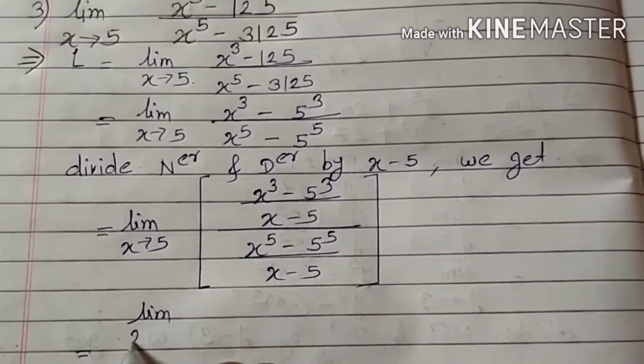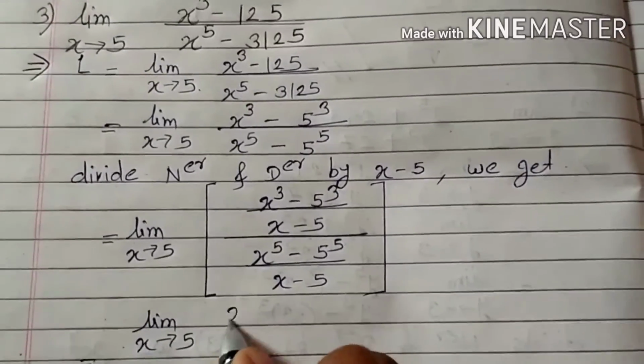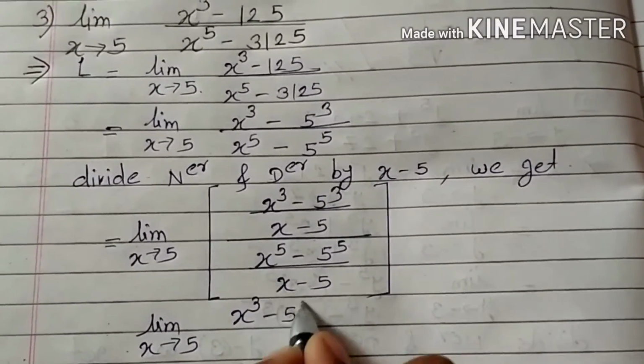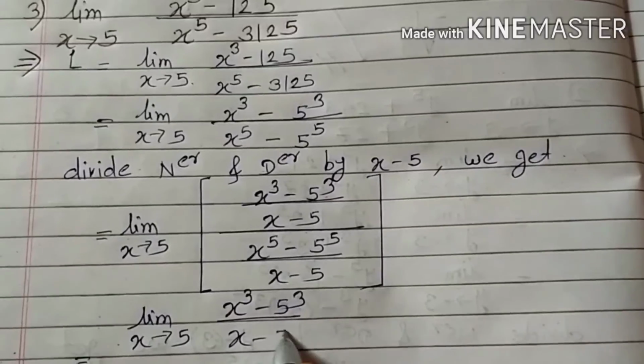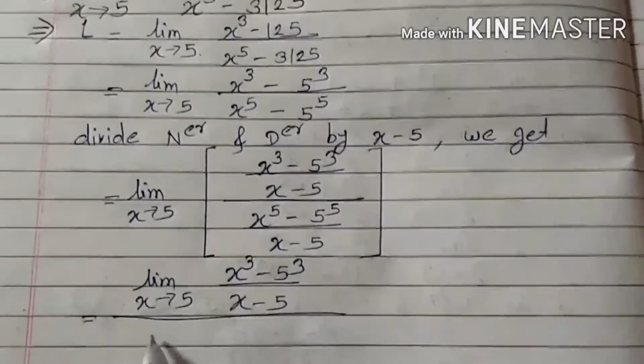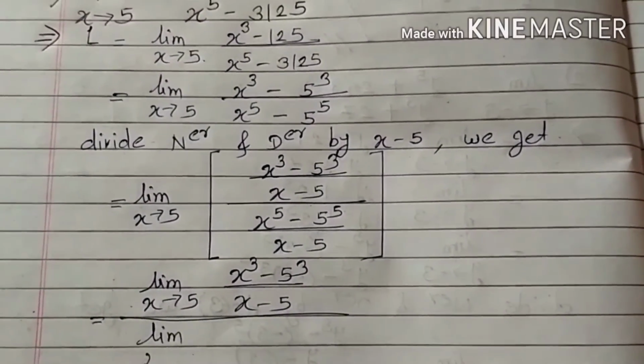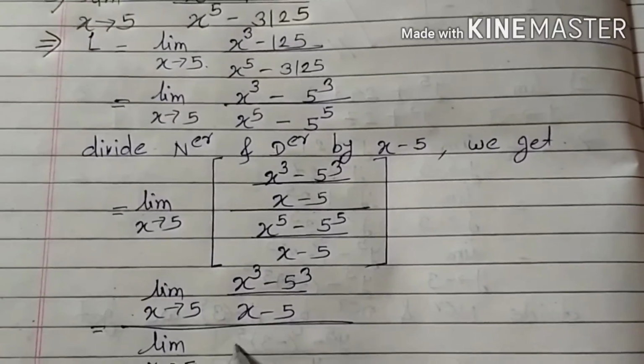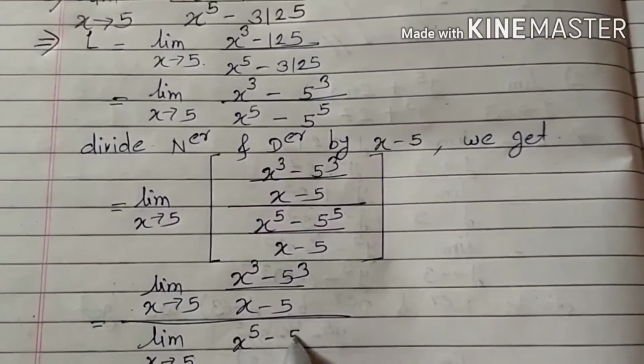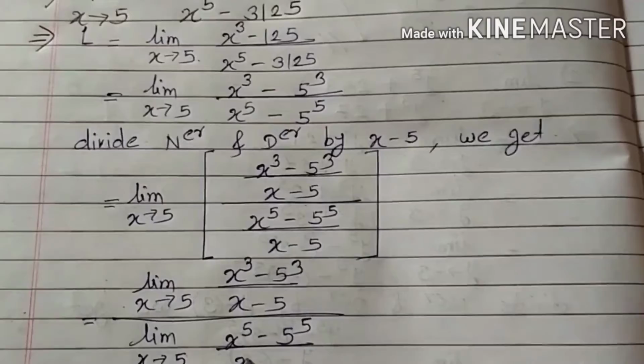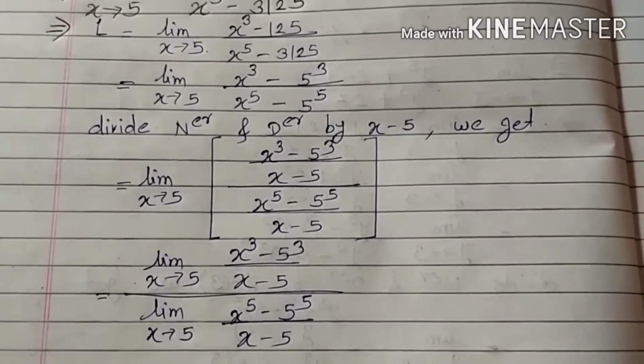Limit x tends to 5, x cube minus 5 cube upon x minus 5, upon limit x tends to 5, x raised to 5 minus 5 raised to 5 upon x minus 5.